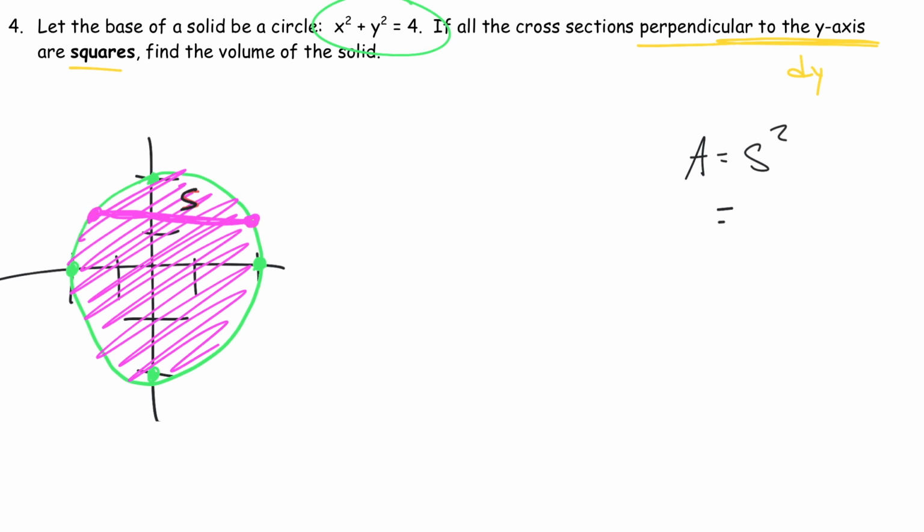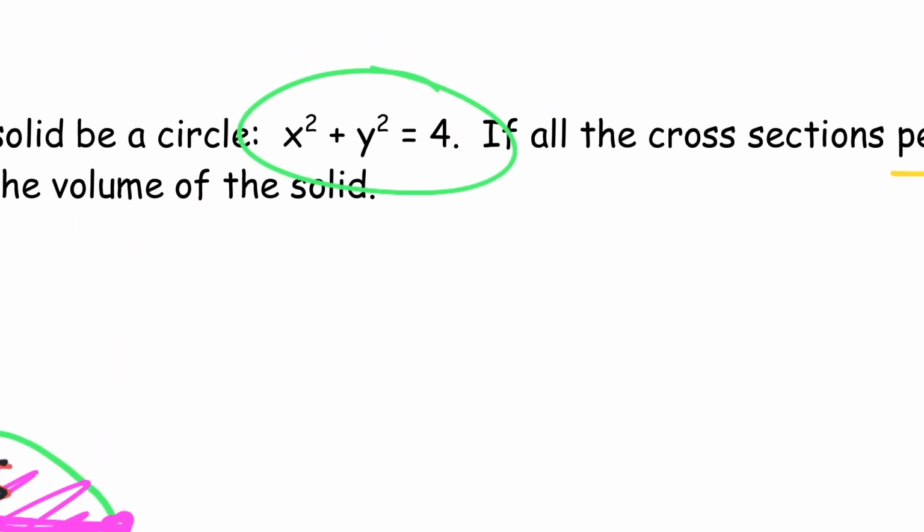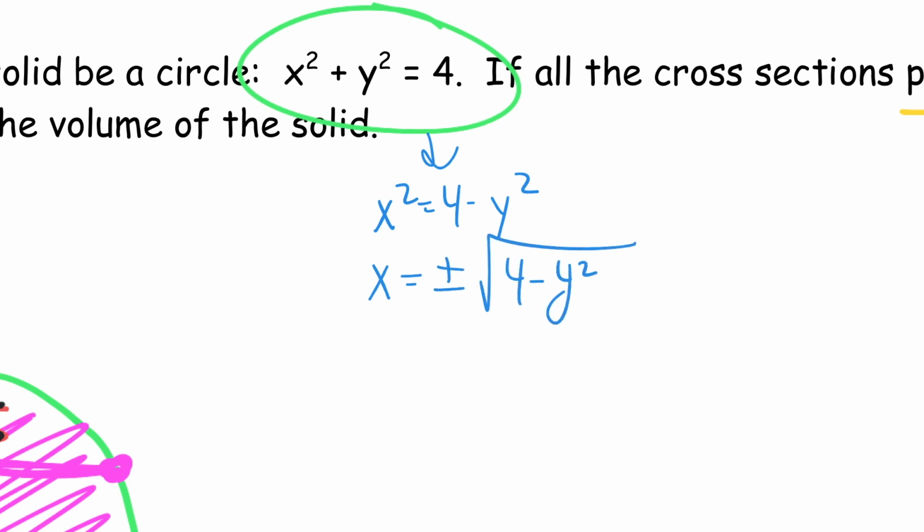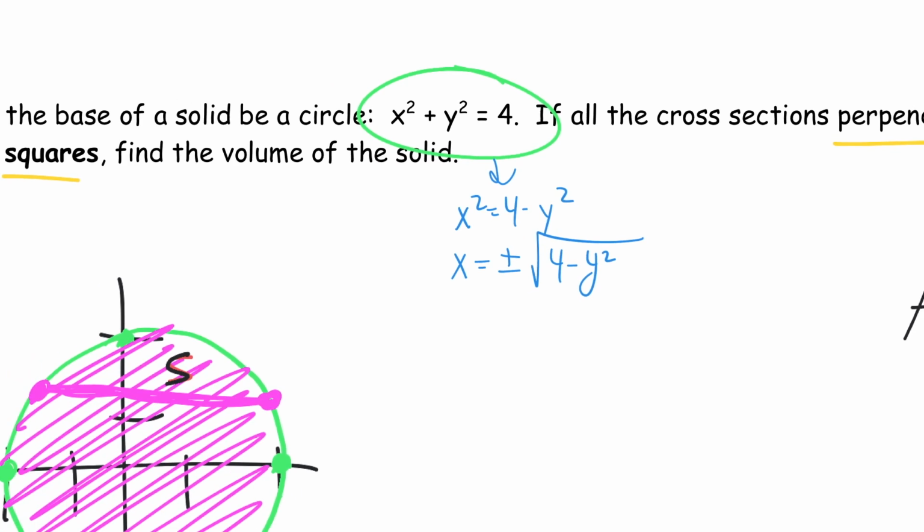So that means we kind of need to split this circle in half. So what we're going to need to do is take our circle equation and solve it for x. So we'll have x squared equals 4 minus y squared. So then x equals plus and minus the square root of 4 minus y squared.